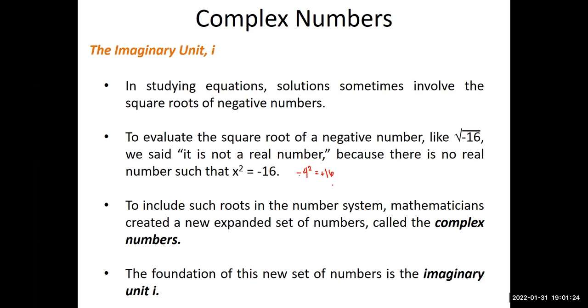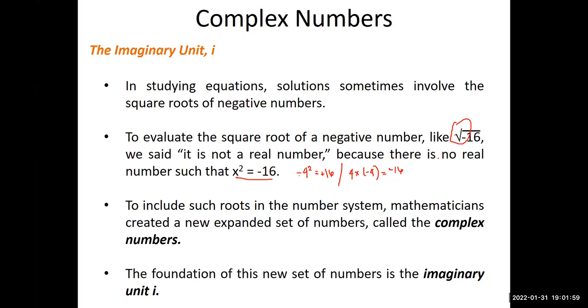Four times negative 4 is not possible here; that operation would give a result of negative 16, but we are talking about a perfect square, we are talking about the square root. So there is no real square root of a negative number.